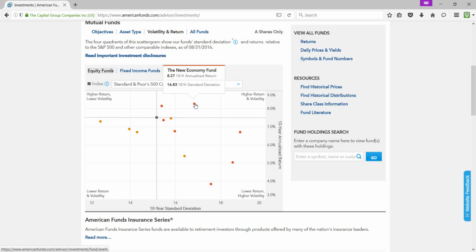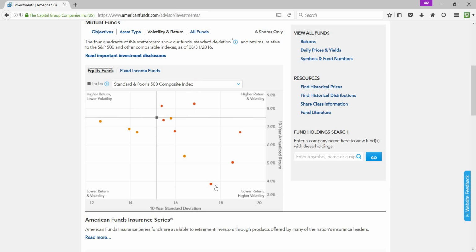And then as you go farther in the risk, you get the New Economy fund with a rate of return of 8.27%, but you enter the higher risk zone. This is for folks who want to have a higher rate of return and are okay with taking high risk, or want to stay on the lower side of the risk.